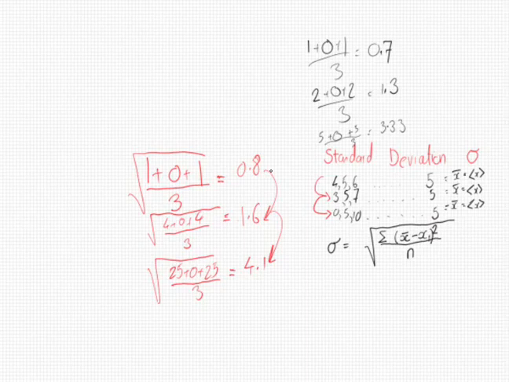If your sample was very big, like maybe 50 or 100, the difference between those numbers and the numbers at the top will be really small. But even with only 3 pieces of data, they're still pretty close: 0.8, 0.7, 1.6, 1.3, 4.1, 3.33. They're not too far away.